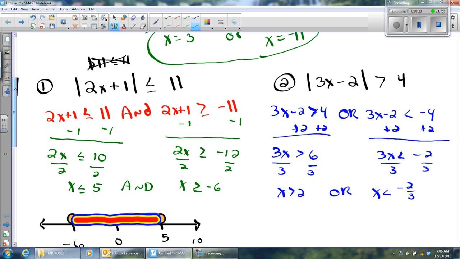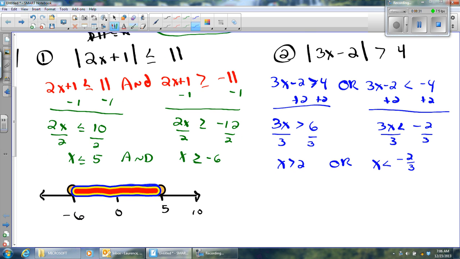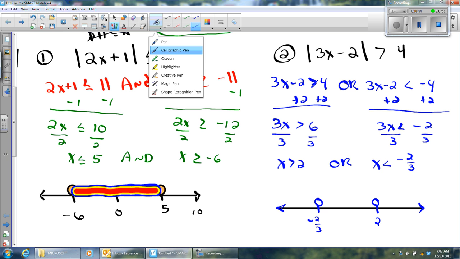So for my number line, okay, let's see here, get back to my pen, arrowhead, there we go, it's a little bit better. I'm going to need a 2 on there, going to need a negative 2/3. Okay, they're both going to be open points, right?